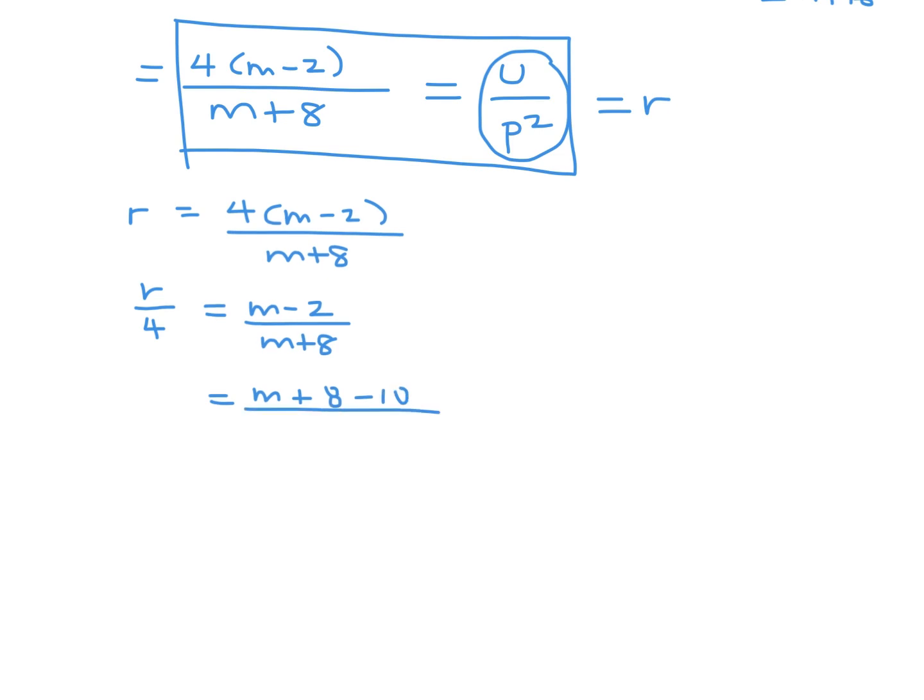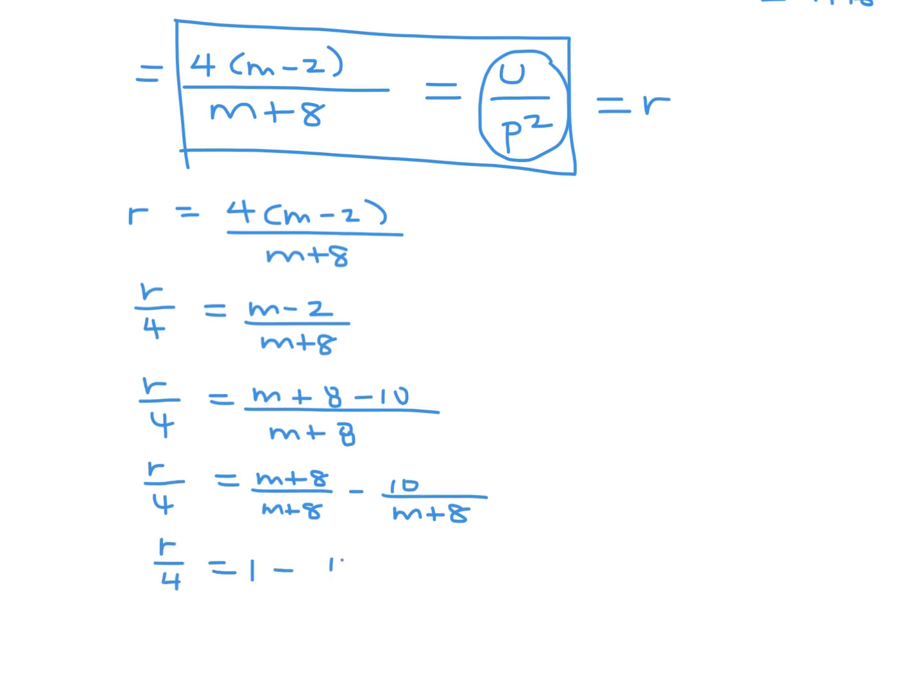I'm going to rearrange it because I want part of the numerator to look like the denominator. When I break it up, it'll be m plus 8 over m plus 8, minus 10 over m plus 8. So r over 4 will be 1 minus 10 over m plus 8. That's pretty decent.